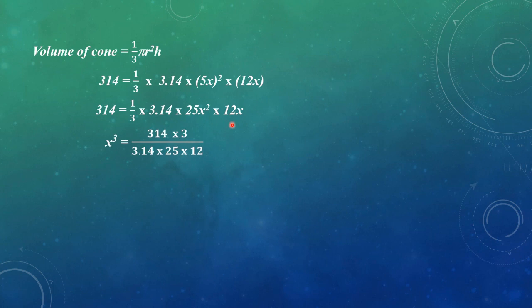So we get x cube is equal to 314 multiplied by 3 upon 3.14 multiplied by 25 multiplied by 12, that is after cross multiplication.